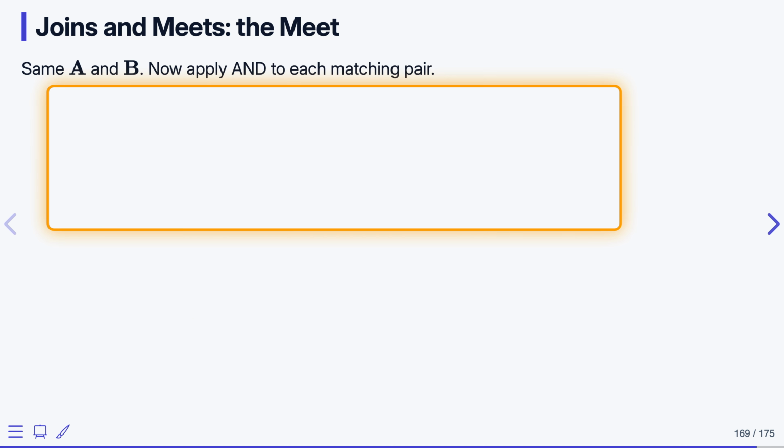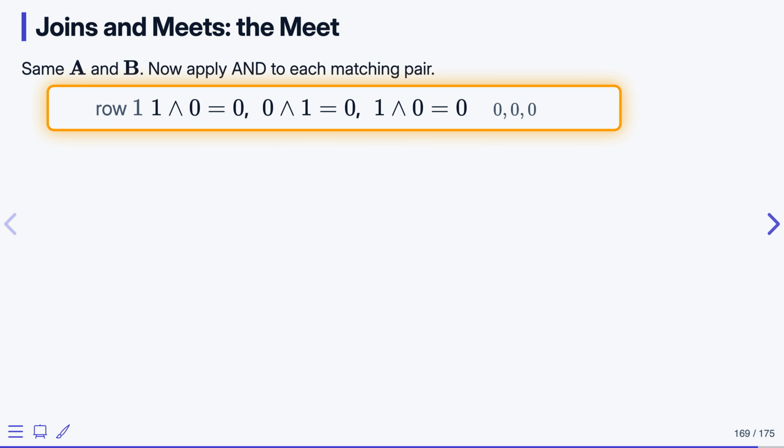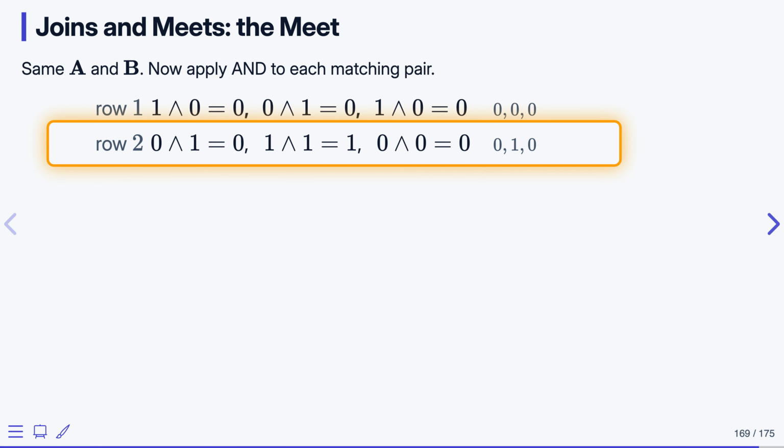Now the meet on the same two matrices. It uses "and" on each matching pair. Row 1: 1 and 0 is 0, 0 and 1 is 0, 1 and 0 is 0, so the top row is all zeros. Row 2: 0 and 1 is 0, 1 and 1 is 1, 0 and 0 is 0, so the bottom row is 0, 1, 0.